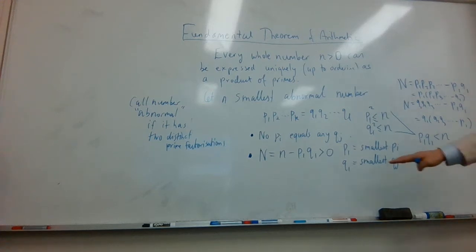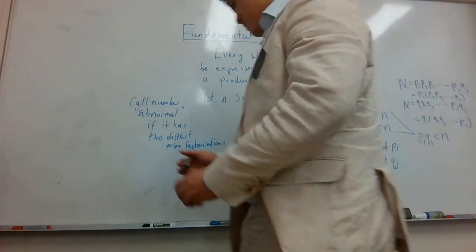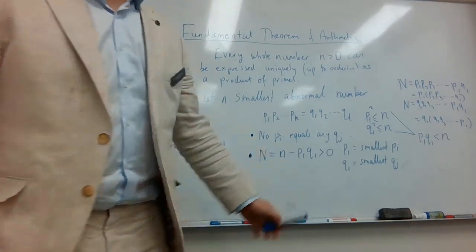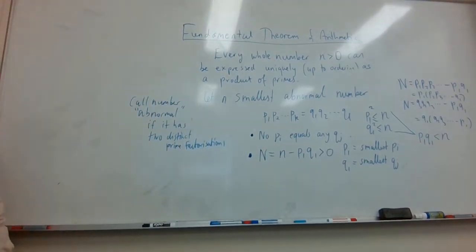Okay, so say something interesting about big N now. It's a positive number, and it's less than little n, right? So can you say something interesting about it? It should also be a normal number.